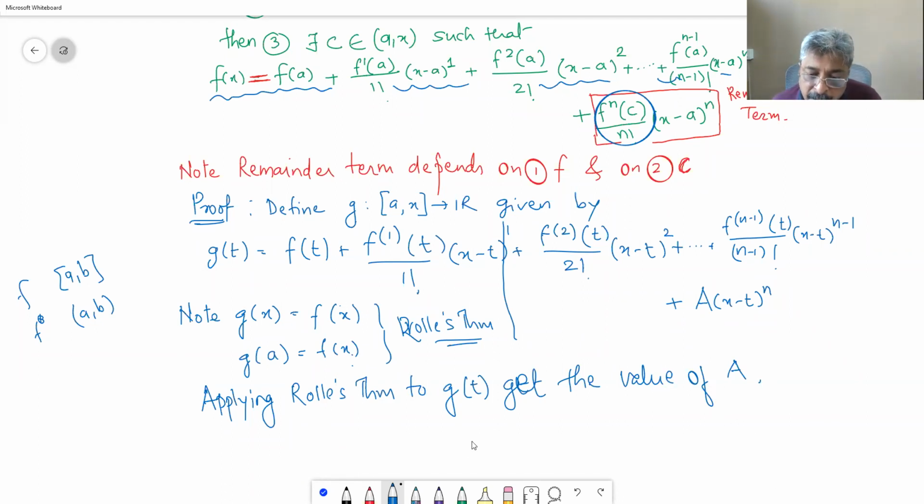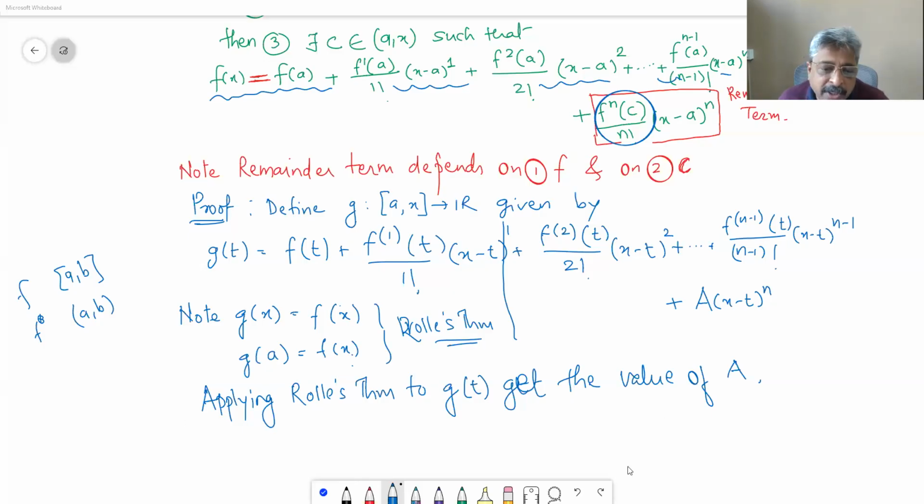Applying Rolle's theorem, you get the value of capital A, which we have defined here in terms of g of t. If you get this A, we will be able to say that this theorem is done, because you are supposed to get the value of A eventually as f n c upon n factorial. Okay, so everything is told to you. Now you are supposed to apply Rolle's theorem.